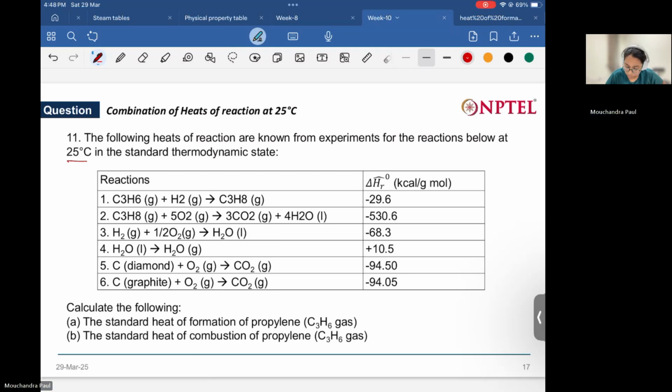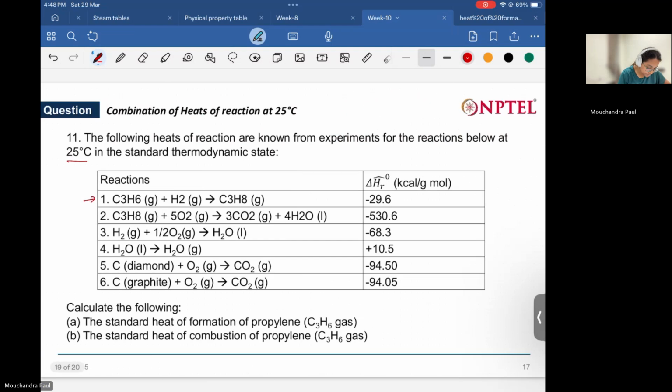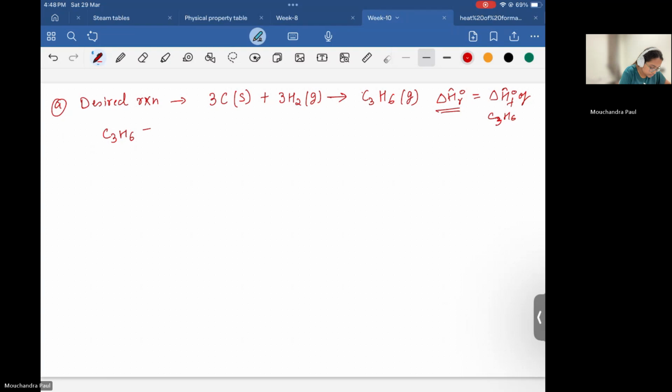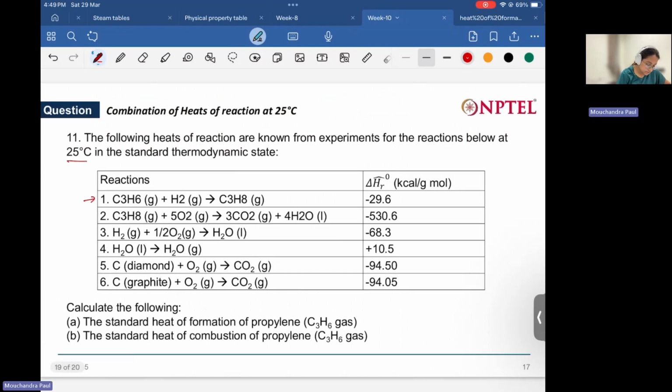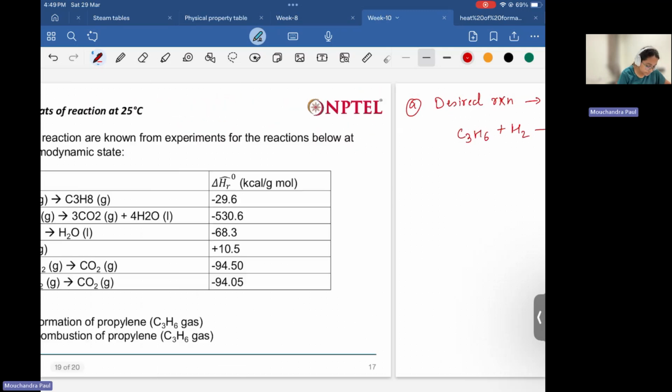So let's start. If you look at reaction 1, it has C3H6. So let's start with C3H6 plus H2 gives C3H8. All right.